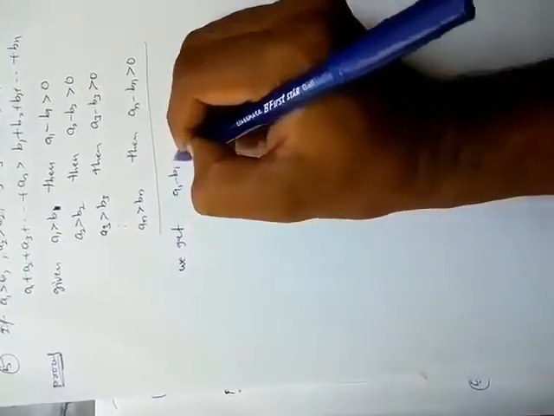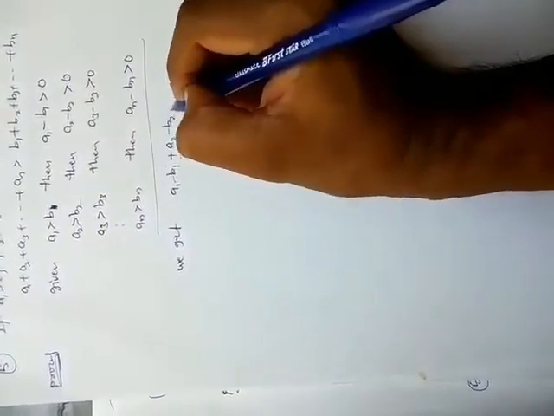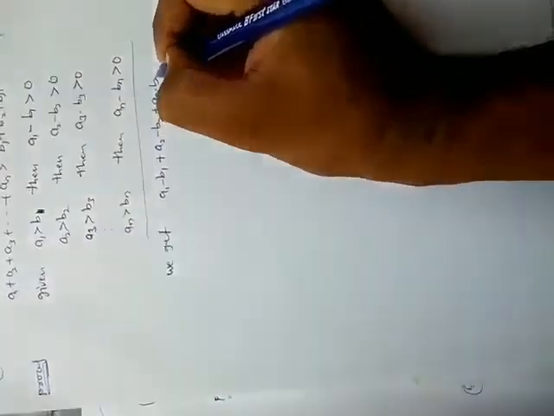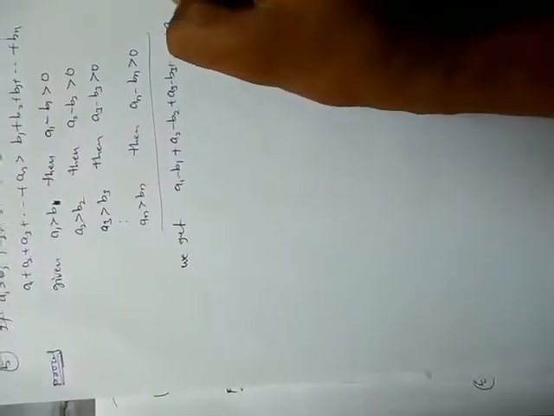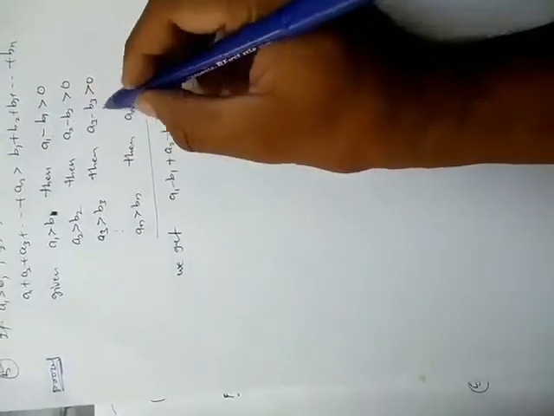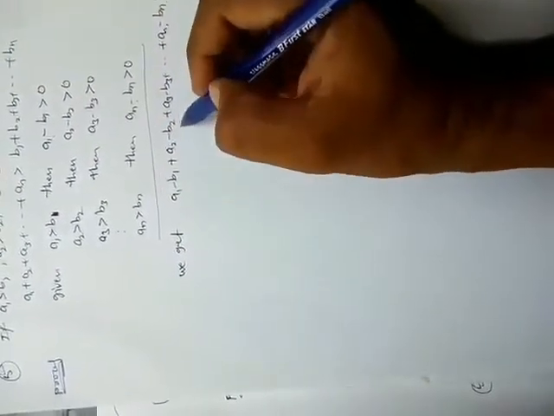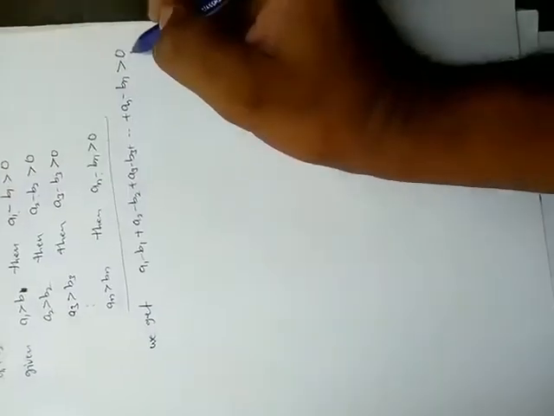a1 minus b1 plus a2 minus b2 plus a3 minus b3, so on, an minus bn is greater than 0. All these terms are positive. If you add all these terms, the result is also positive.